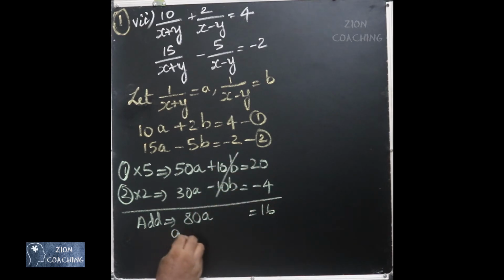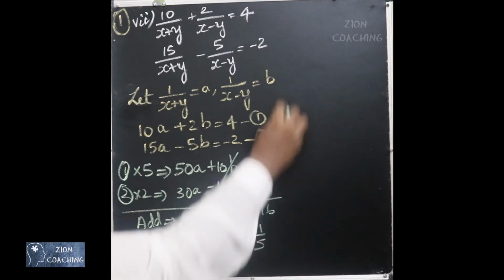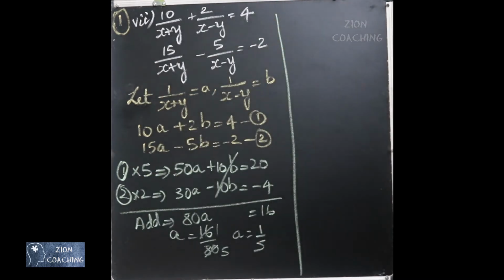So the a value is going to be 16 divided by 80. 1 times 5 times. So a value is 1/5. Substituting this in any one of the equations, we are going to get the b value.